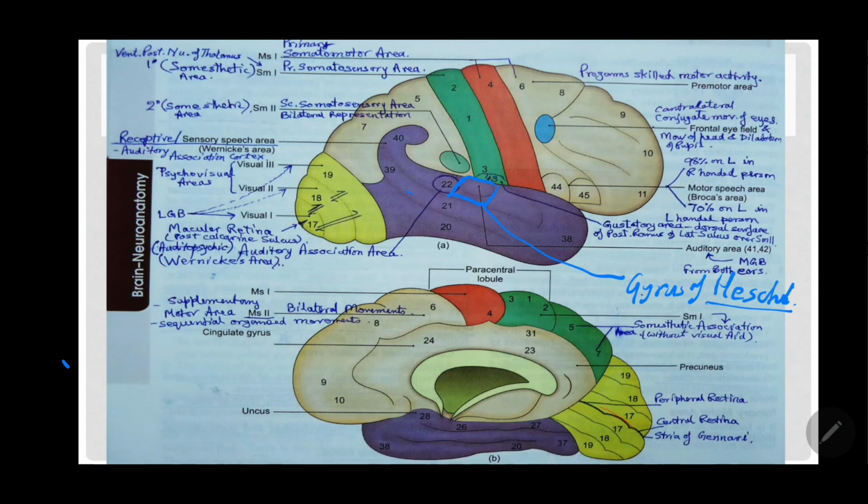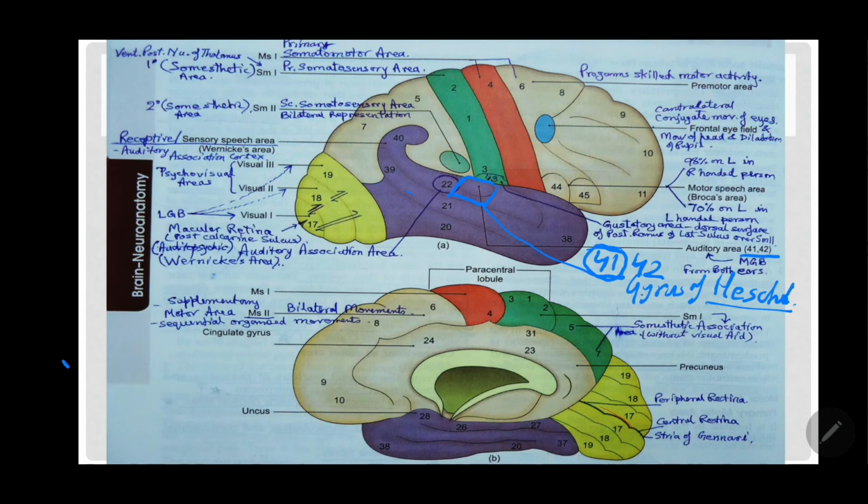Okay, and that is mentioned as area number 41 and 42. Got it? So this is area number 41. Mainly it's 41 and 42. If you have to select one out of these two, you will select area number 41 as the primary auditory area, present in the gyrus of Heschl. That's why it's also called the transverse temporal gyrus. Okay.